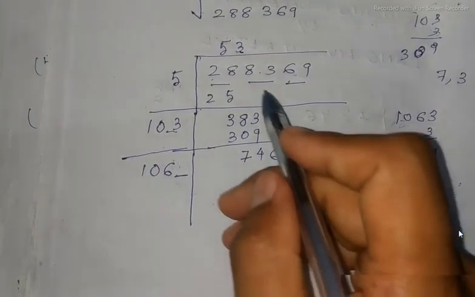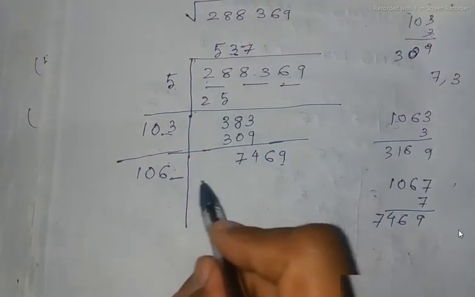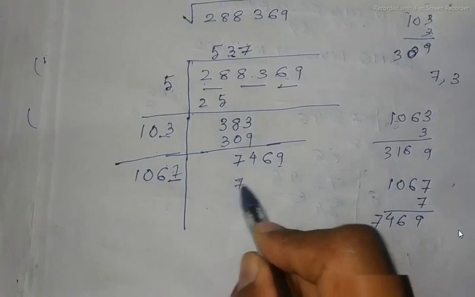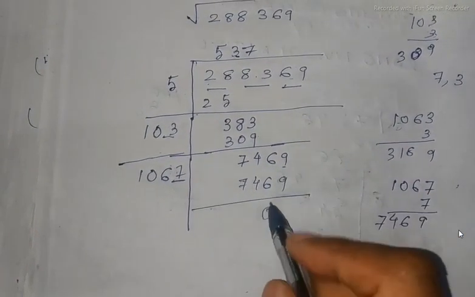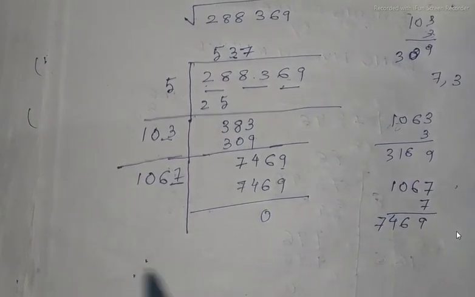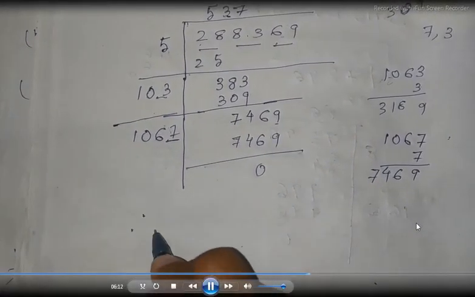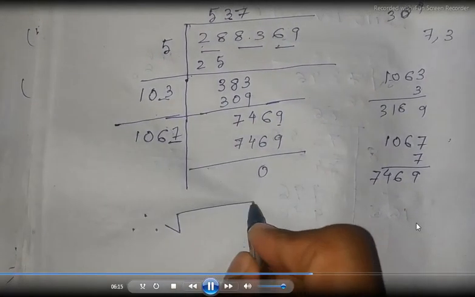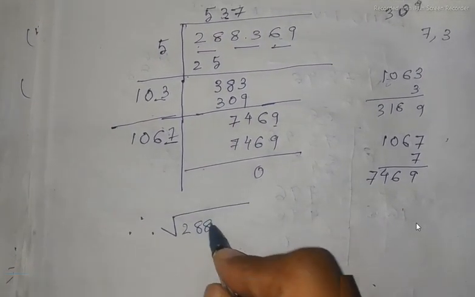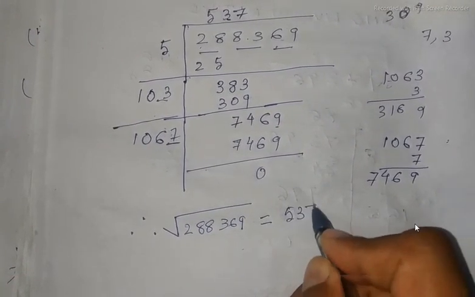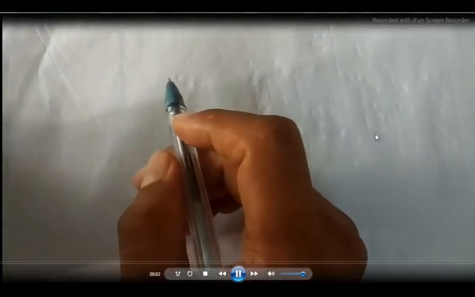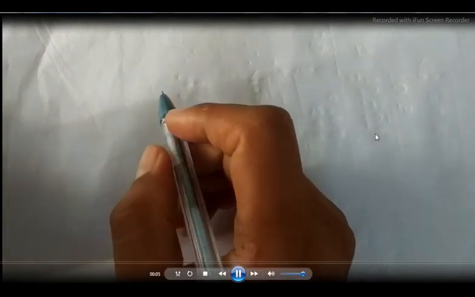Yes, it goes by 7. 1067 into 7 is 7469, remainder 0. Therefore the square root of 288,369 is equal to 537. These numbers are a little different from the previous perfect squares. So let us take this as type 2 numbers.